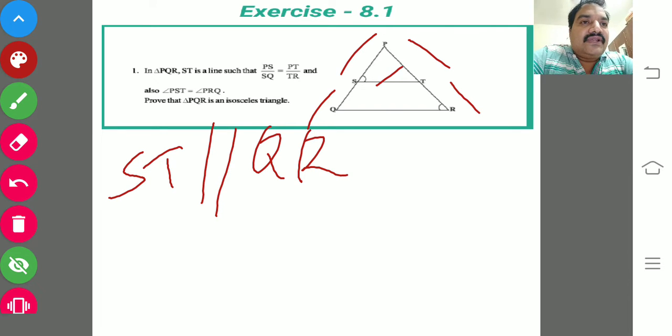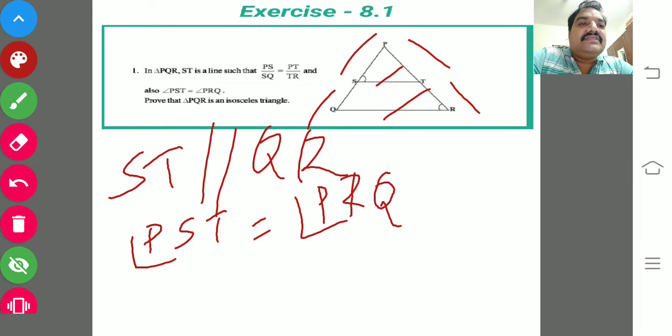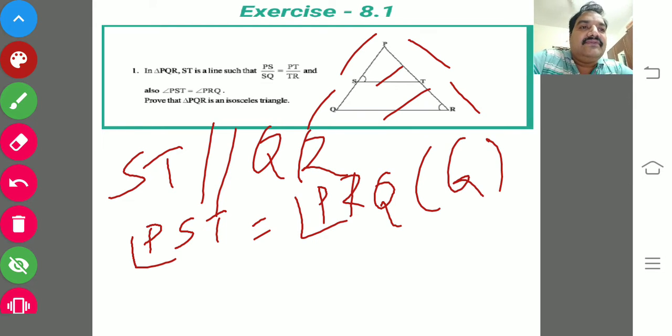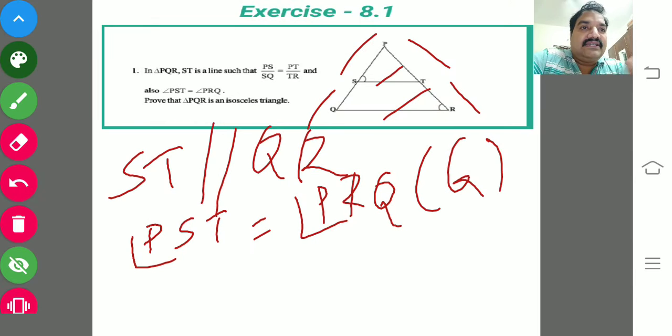Yes, these two lines are parallel. Now we could understand what will happen. In the question it is given that angle PST equals angle PRQ. We didn't do anything yet, but we know the property of parallel lines.